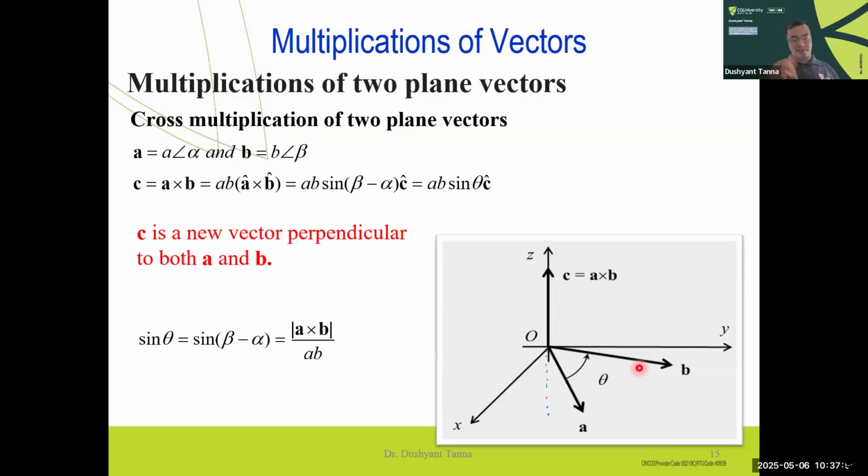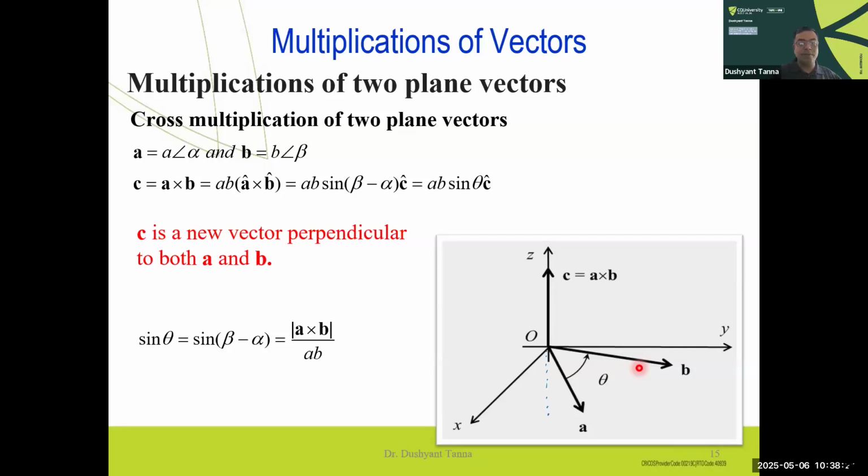X and Y are on a floor, the XY coordinate. The Z can go up, can go down. If you're sitting on a first floor, your Z can go down as well. If you're on the ground floor, it can go underneath the surface. So that's your C going downwards. It can go upward as well, but perpendicular to both X and Y, perpendicular to both A and B. So the vector A cross B is perpendicular to both A and B.